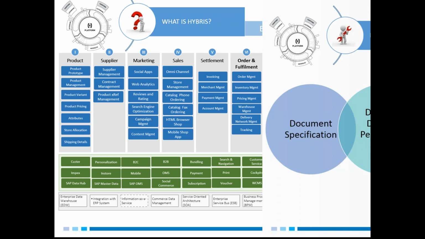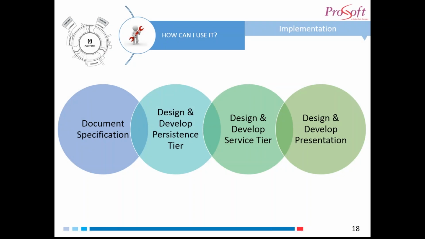So as I was giving from the architecture perspective, we learned that this is the architecture. Then I showed persistence, logic, and this. The same way, follow the same pattern.